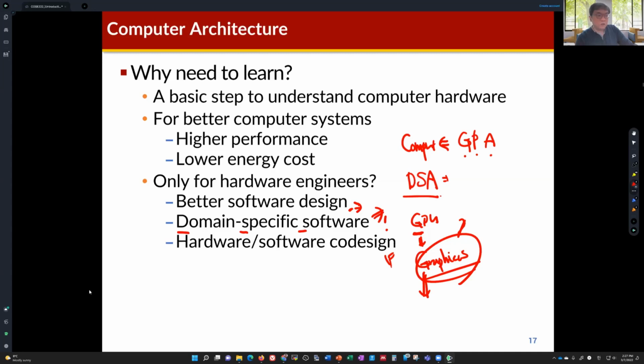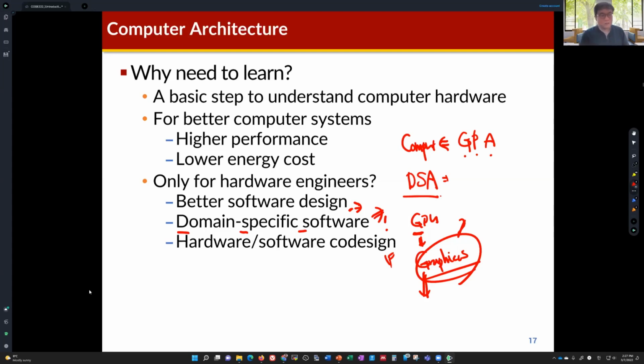In order to optimize the cost of such a system, hardware-software co-design is very critical, because the available resources in the system are limited, but everyone wants very high performance.